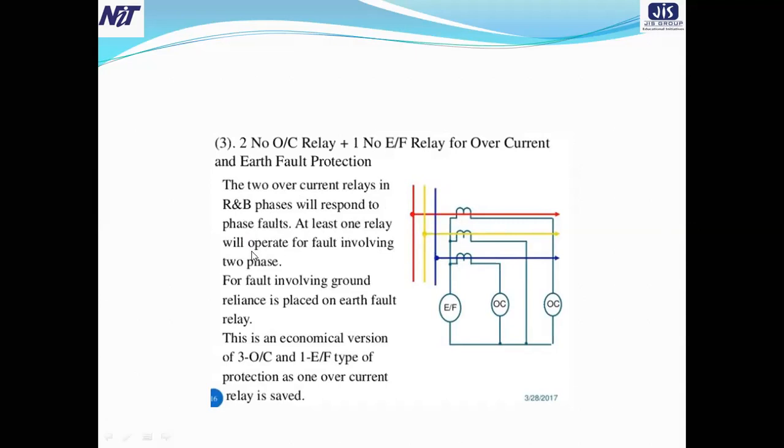At least one relay will operate for a fault involving two phases. For a fault involving ground, reliance is placed on the earth fault relay. So this is an economical version of three overcurrent and one earth fault protection, as one overcurrent relay is saved. That's why this scheme of two overcurrent relays plus one earth fault relay is very economical.